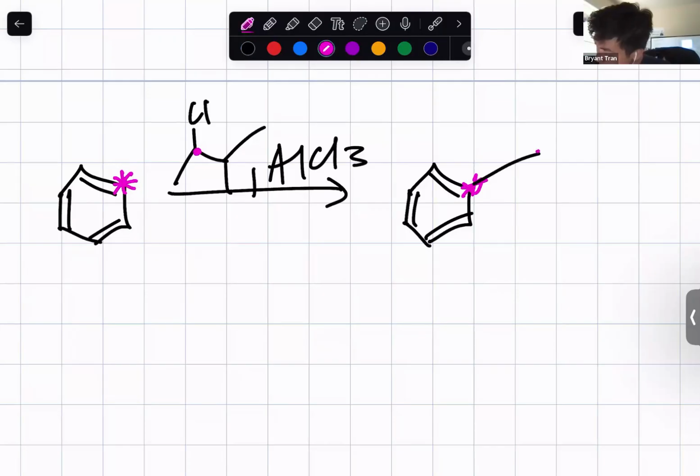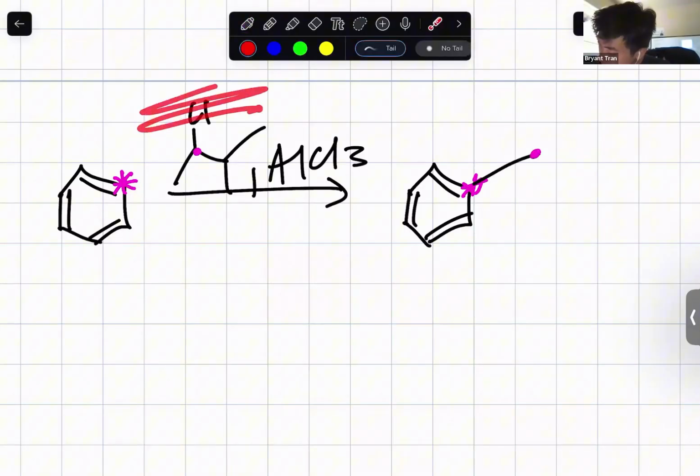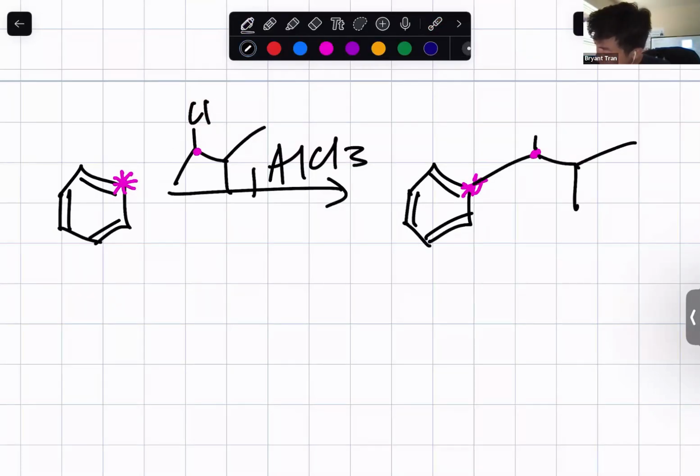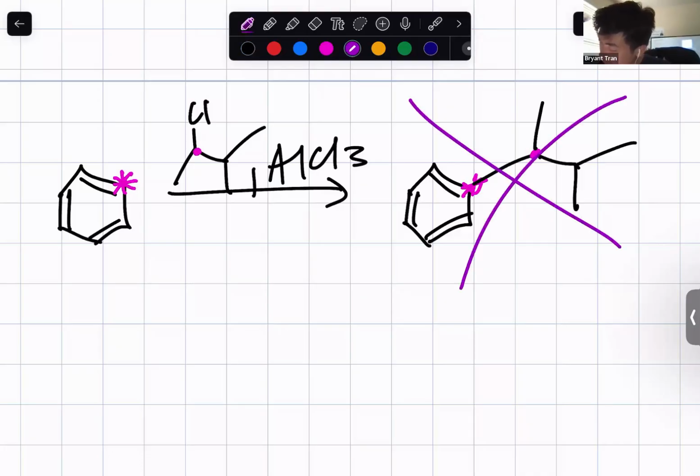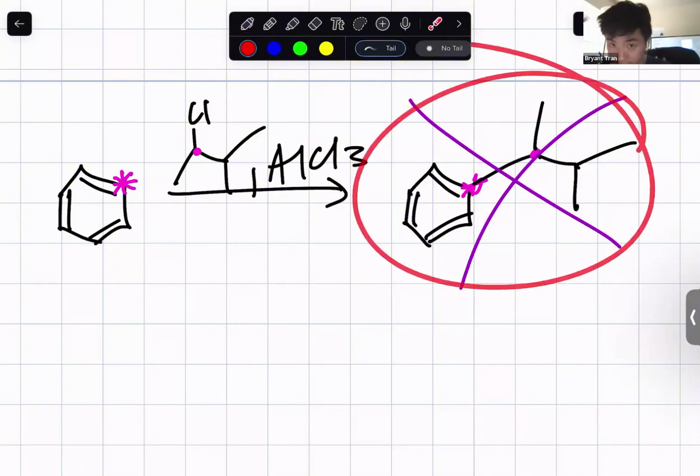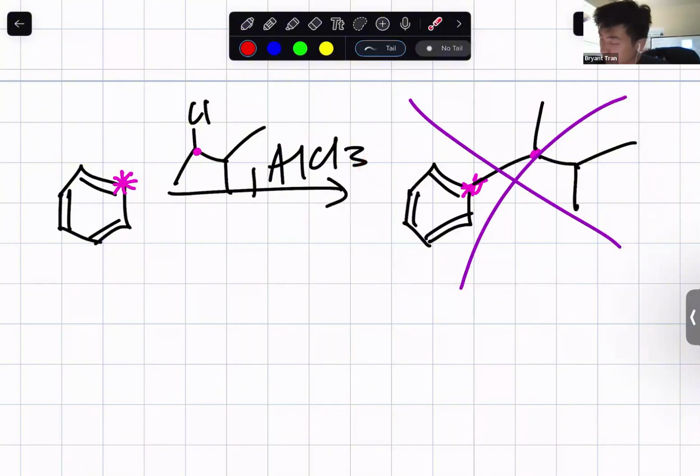New bond, star dot. Get rid of the chlorine, it left. The dot has an isopropyl group and a methyl group, right? This would be the incorrect product. That would not be your product, right? And that's because we know that there is a carbocation intermediate.